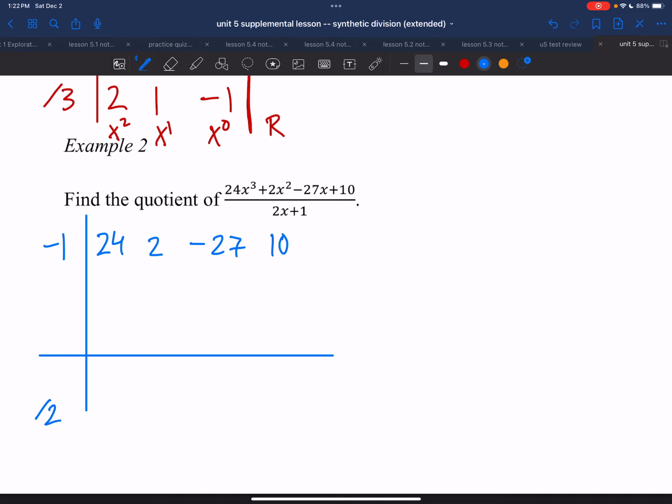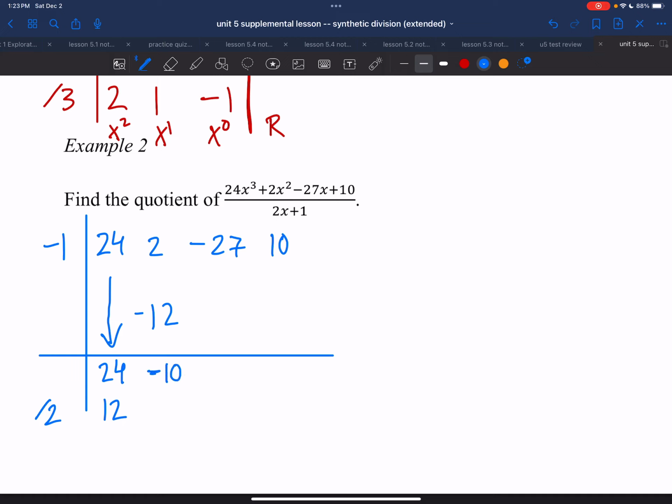So, same process. I drop the 24, get 24 here. 24 divided by 2 is 12. 12 times -1 is -12. I don't like the way I drew that negative. It's too fat. I say sorry. 2 plus -12 is -10.